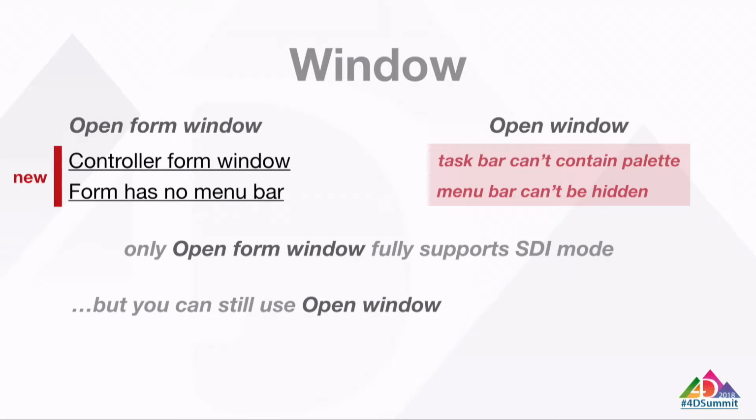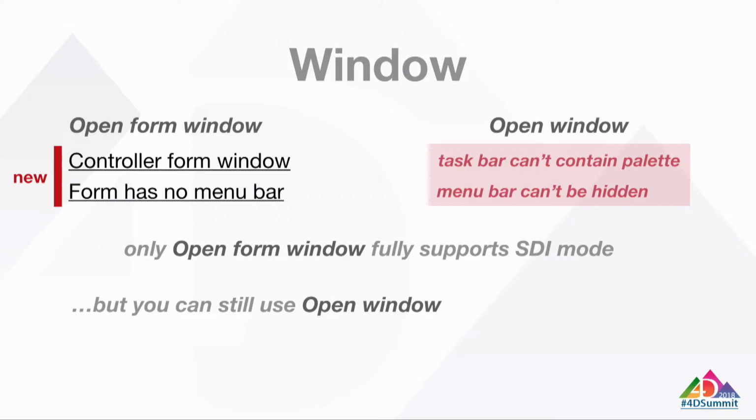There are two new constants available for the open form window, which are intended to be used with the SDI feature. I'll explain why these are useful from an actual demo. The important point here is that these two constants are available only for open form window.